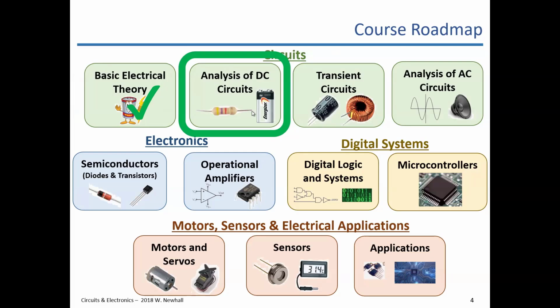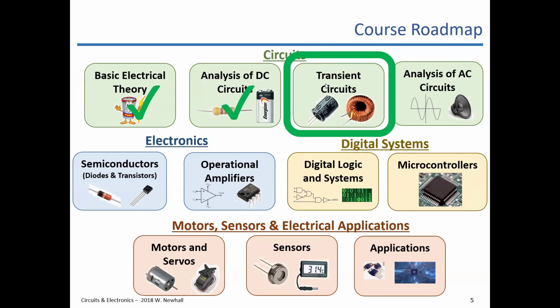We just finished up. So now we're going to move on to transient circuits or transient circuit analysis, or sometimes called transient responses of circuits. And so these circuits, the interesting ones anyway, have capacitors and or inductors in the circuit, along with resistors and sources.